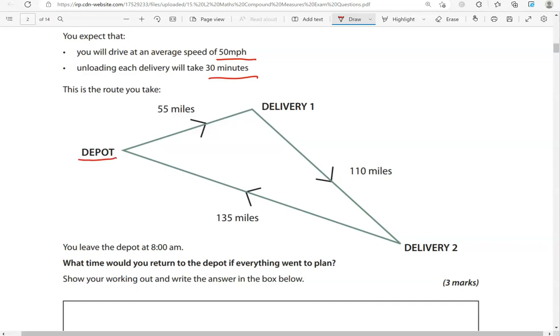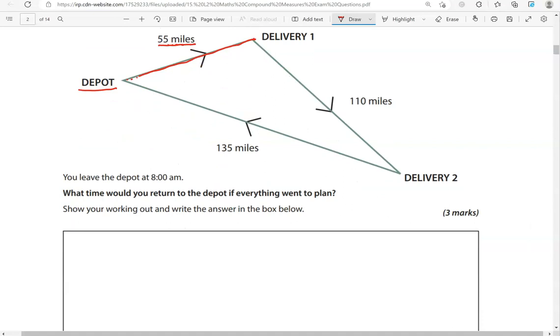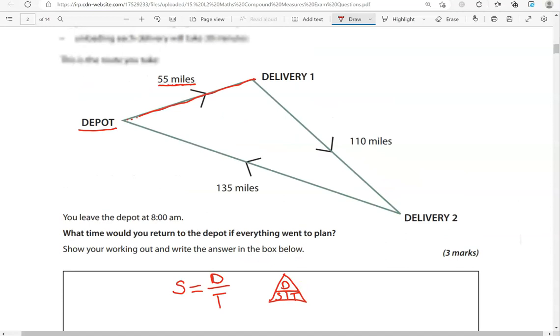So starting from the depot, we'll go to delivery 1, and that is 55 miles at 50 miles per hour. So writing the formula, speed is equal to distance over time. I'll do the triangle as well. So what do we know?